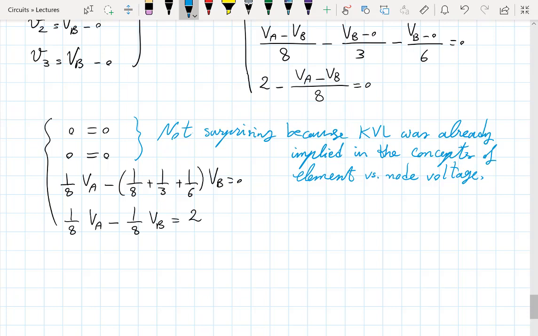Okay, this is really what happened. Your KVLs are automatically taken care of, and so all you have to do is to write your KCLs and do so in terms of the node voltages.